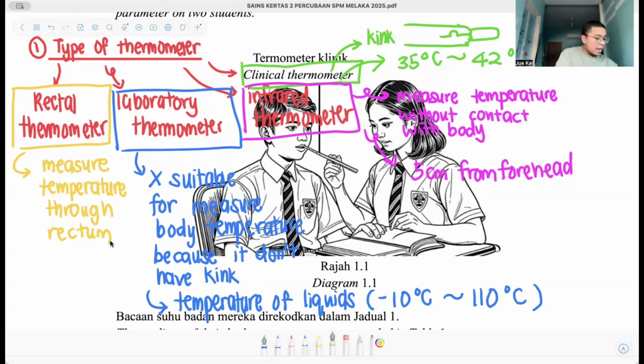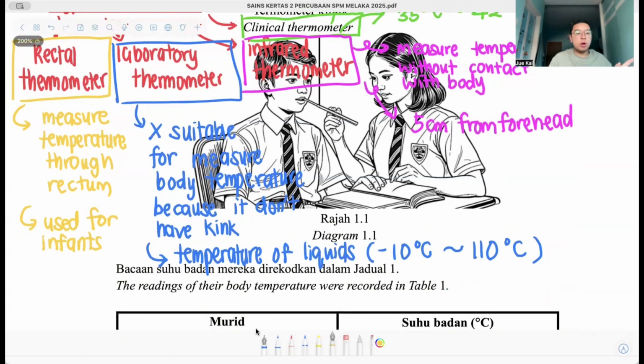Okay? And then it is always used for infants. What is the meaning of infants, my dear? Infants means baby, bayi, okay? Baby. So the rectal thermometer is always used for infants that are less than 3 months old.